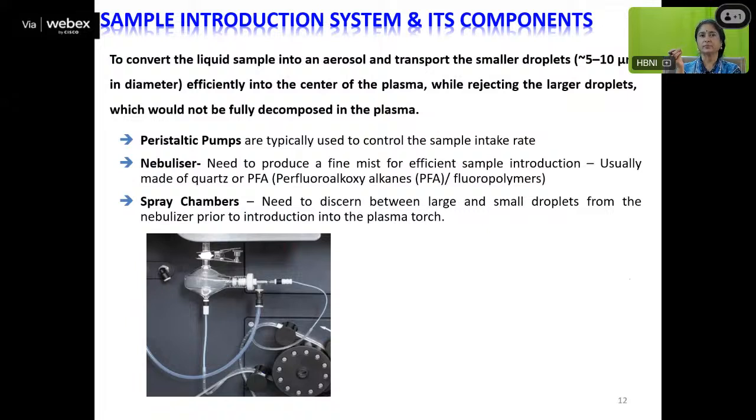It is usually made of quartz or PFA material, that is perfluoroalkoxyalkane, a fluoropolymer. Then a spray chamber: we need to discard the large particle size sample to save the plasma, and therefore the spray chamber does that work of discarding the heavy droplets.